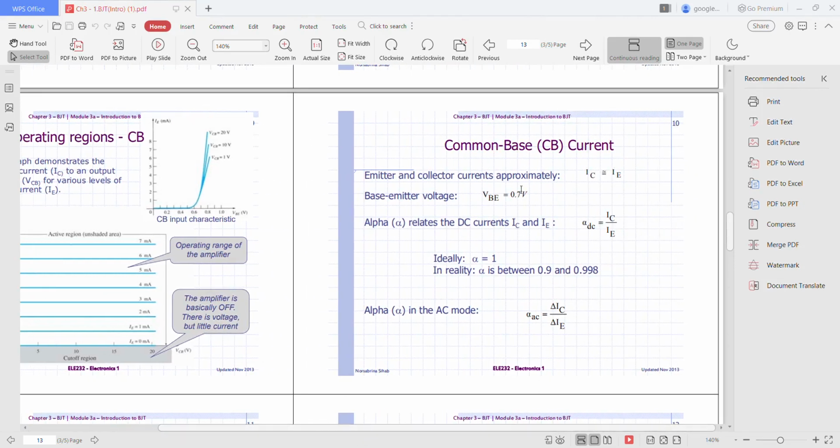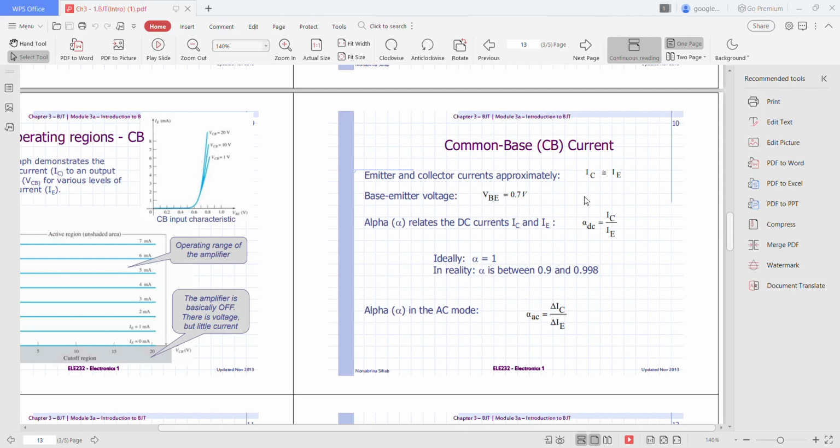So for the common base, the emitter and collector currents: IC is approximately IE. All these formulas you need to take note of, because you need to remember them. We will use these formulas for the DC and AC analysis of BJT.